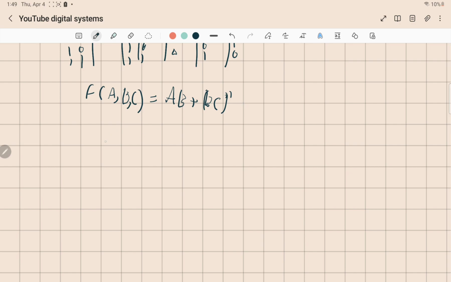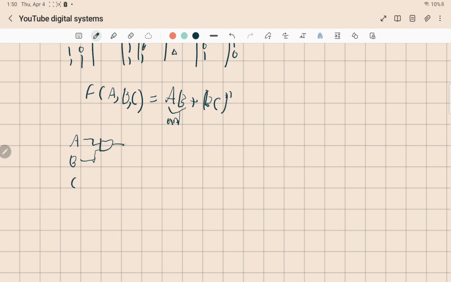First we have to draw the variables, so a, b, and c. Then, since a and b are like that, it's AND. So it's going to be an AND gate over here, going to here.